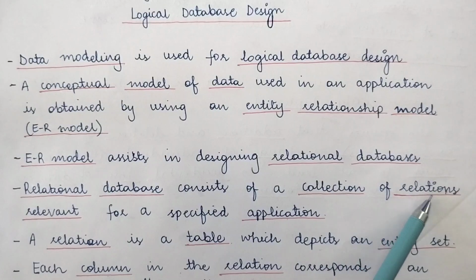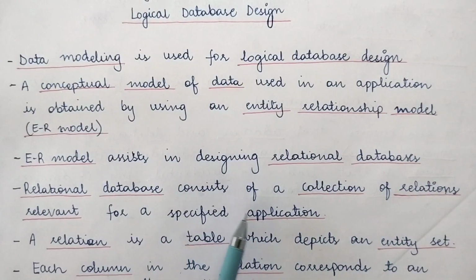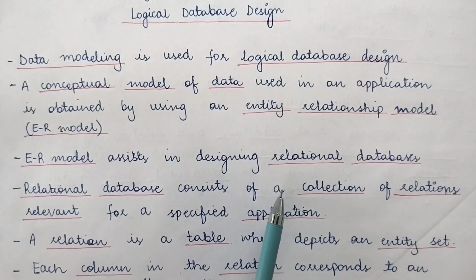So basically relations are representing the entity sets, and these relations representing the entity sets are relevant for a specific application. Obviously the relations will be relevant to the application for which the software is being made.